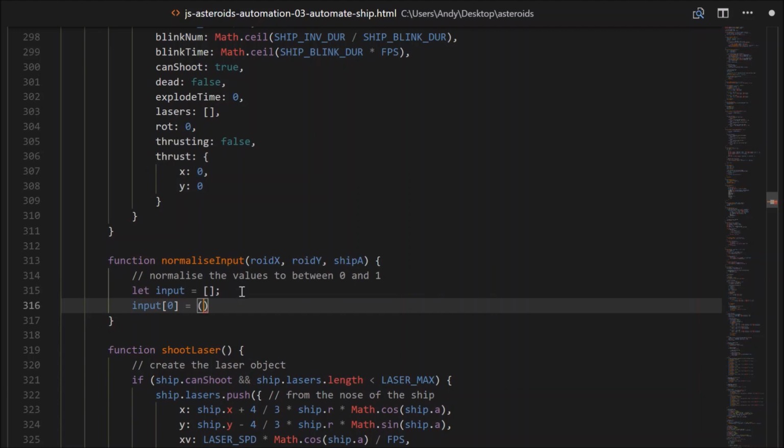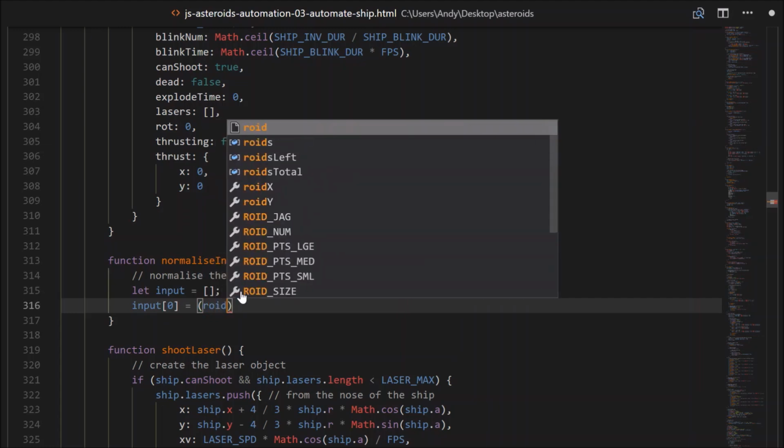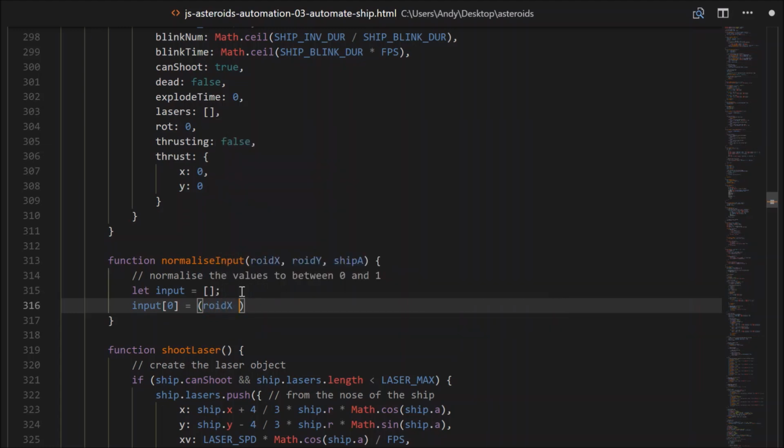Now normally you could just go roid x divided by the canvas width. That would give us our relative screen position. But because we've allowed it to be off screen up to its radius, we'll need to modify this. So roid x could be negative 50, it could be the negative radius. So we'll have to add the radius back to that to get it back to 0.